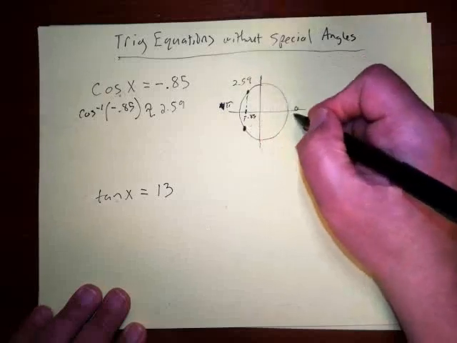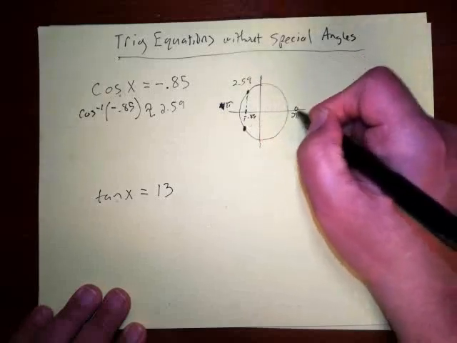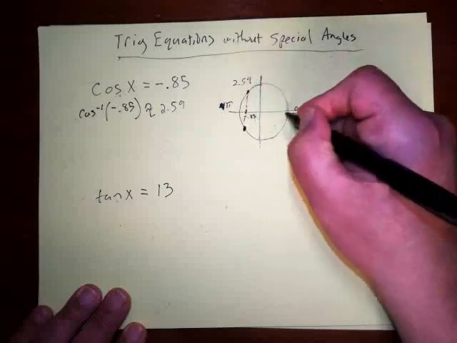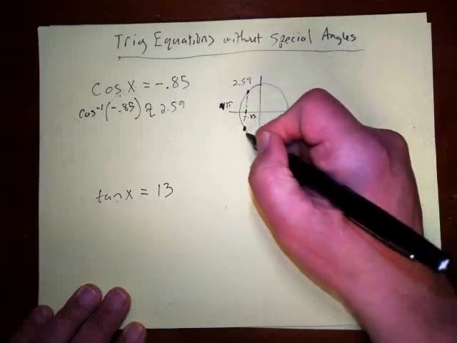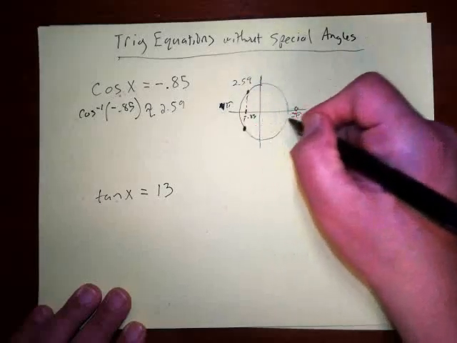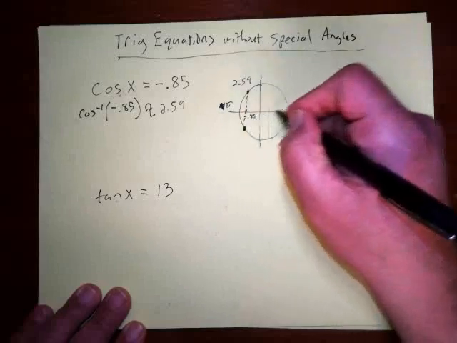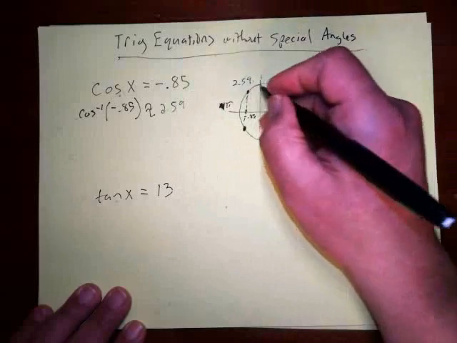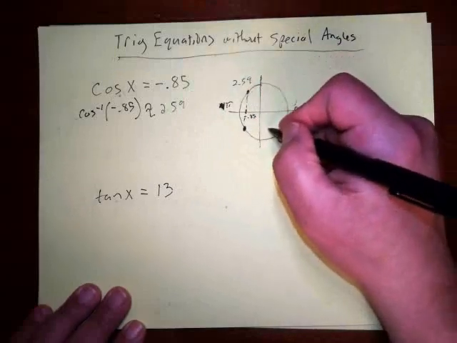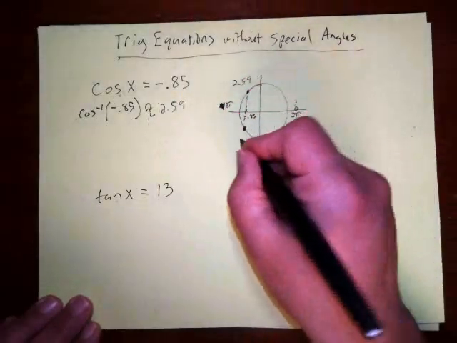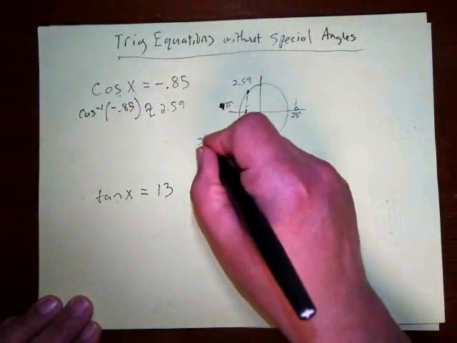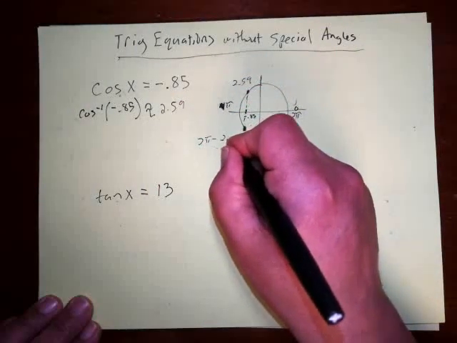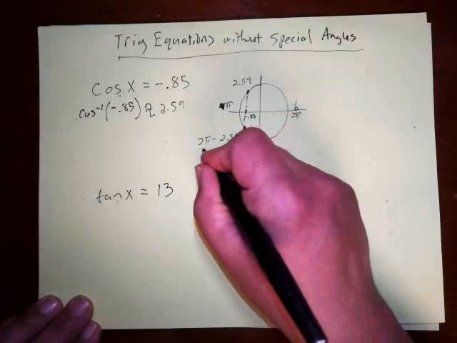Well, the way that I do it is you're going to take, this is 2 pi, all the way around. And then I need to back up this distance to get to here. Well, what is this distance? That distance is the angle 2.59, because the curve is symmetrical. So my other solution here is going to be 2 pi minus 2.59.